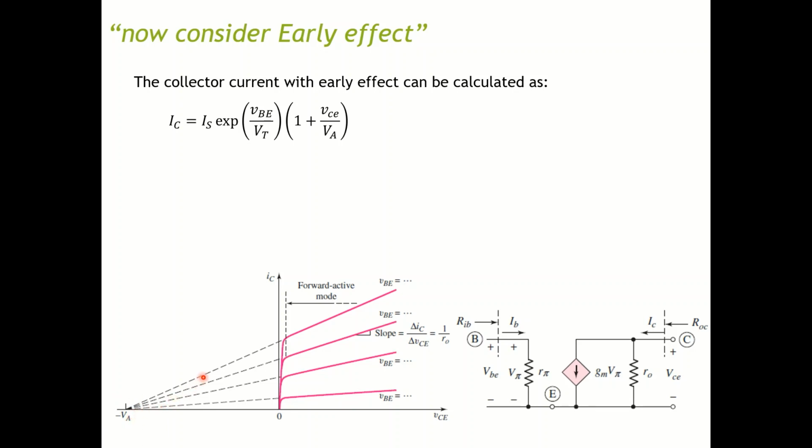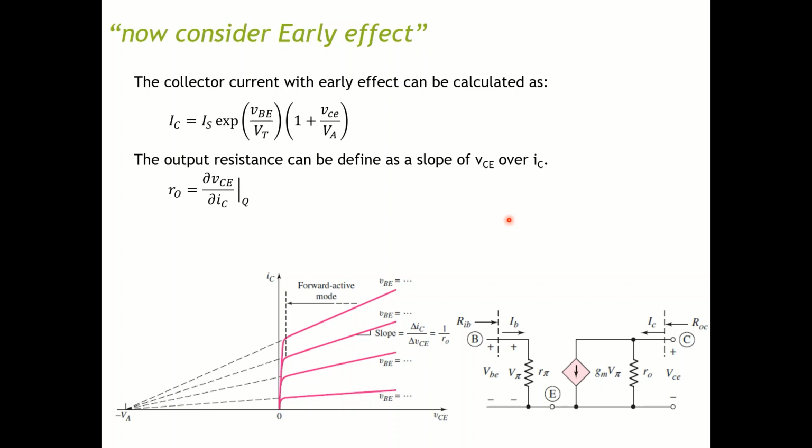So the generalized equation for the collector current with early effect is basically similar to what we had before, multiplied by a term for the early effect, which is this. Now we have a new term here, called output resistance. I have the hybrid-pi model right here, and the output resistance is the resistance that is across, parallel to, the dependent current source.